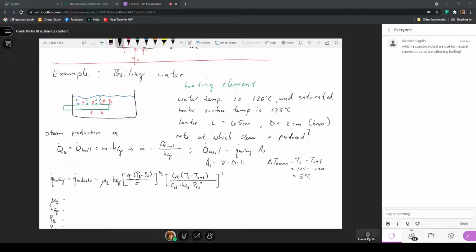Now, the reason that this has to be considered is recall that when nucleate pool boiling is occurring, liquid is being changed to vapor on this surface, and the rate at which bubbles can be produced and move away from the surface is going to affect the heat flux that can be calculated.